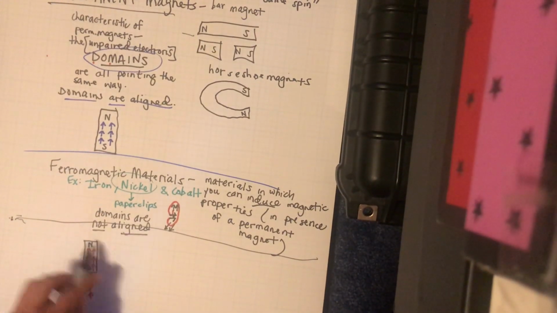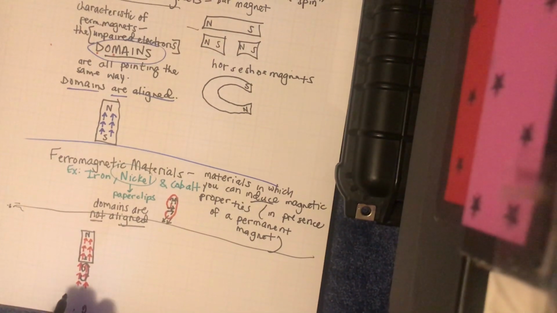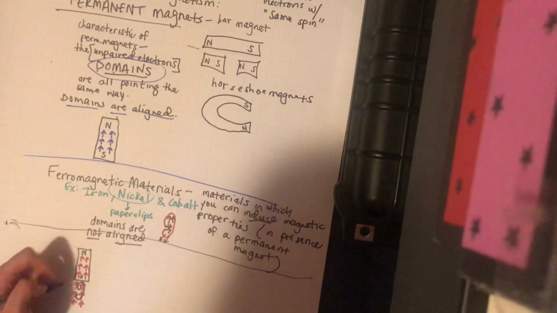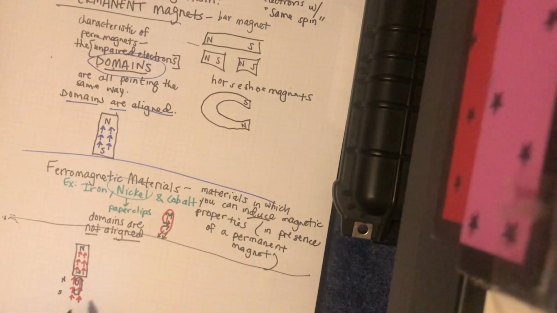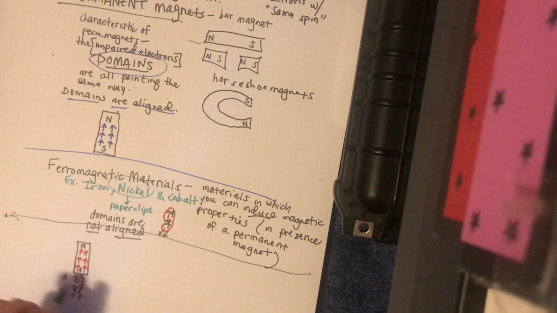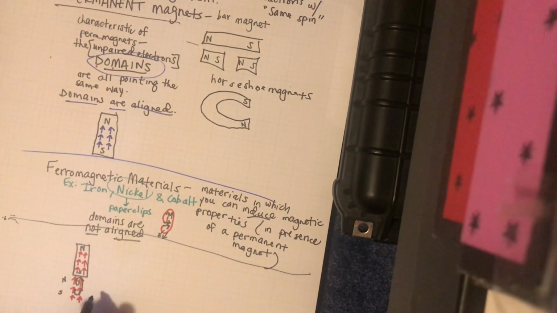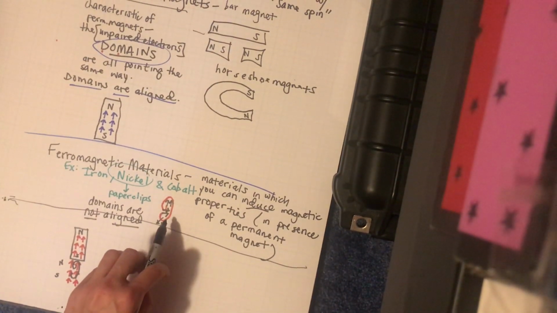So we have induced a magnetic field, a polarity, in this paper clip. In fact, it has the same polarity, north and south, as the bar magnet that we introduced it to. And once these are detached from each other, these domains will go back to being disordered like they were before.